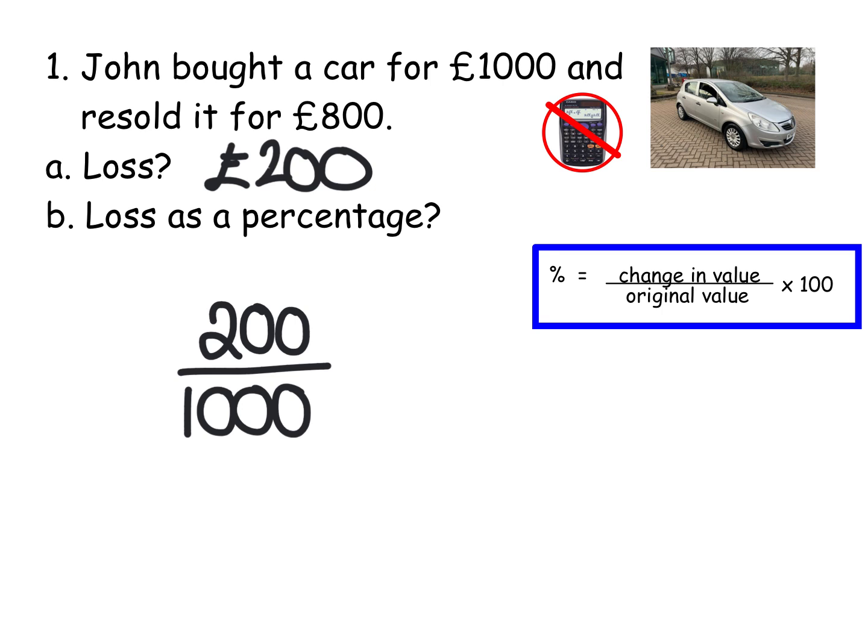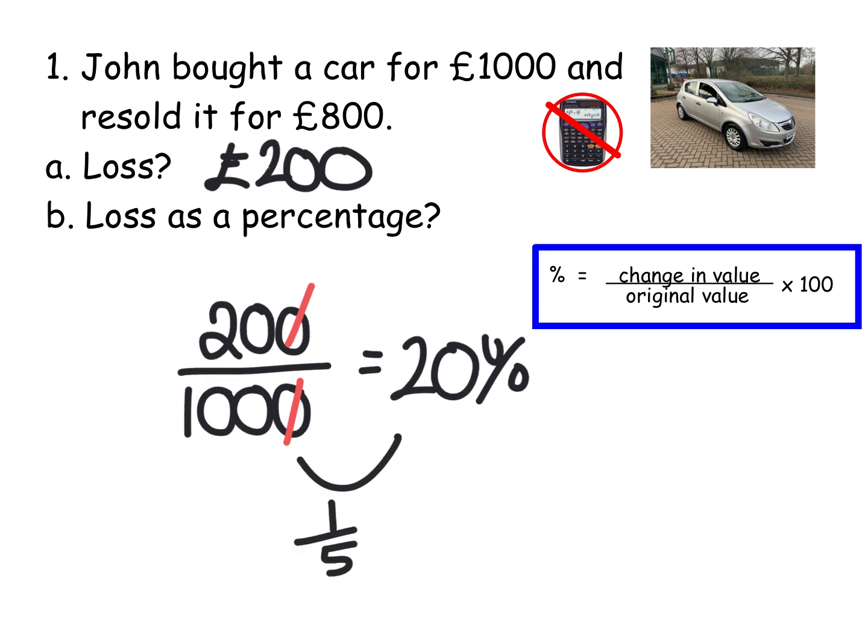Now, why did I take off 2 zeros? I only needed to take off 1 zero for each of those ones there. Let's go back and look at that again. Take off a 0, that's 20 out of 100. That's 20%. But where I was going there, it was going down to 2 over 10, 1 over 5. Do you recognise a fifth as 20%? Hopefully you should. So he lost 20% of what he paid for it.